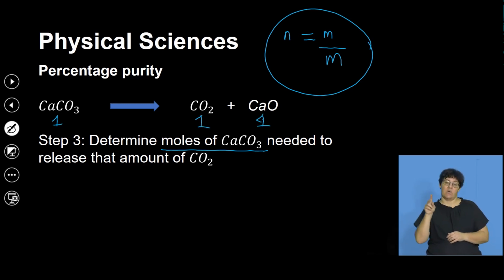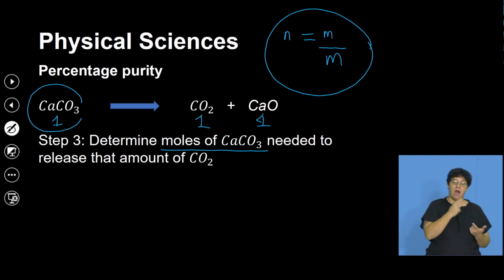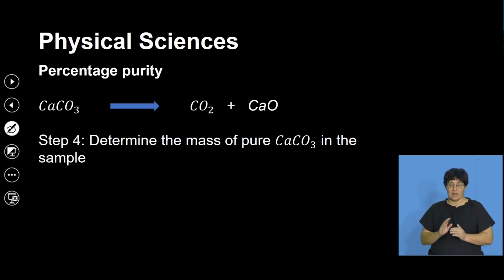So we ask ourselves, a mole of calcium carbonate produces how many moles of carbon dioxide? Given the moles of carbon dioxide, we can work backwards and determine how many moles of calcium carbonate were responsible for producing that amount. After that, we can determine the mass of pure calcium carbonate in the sample.